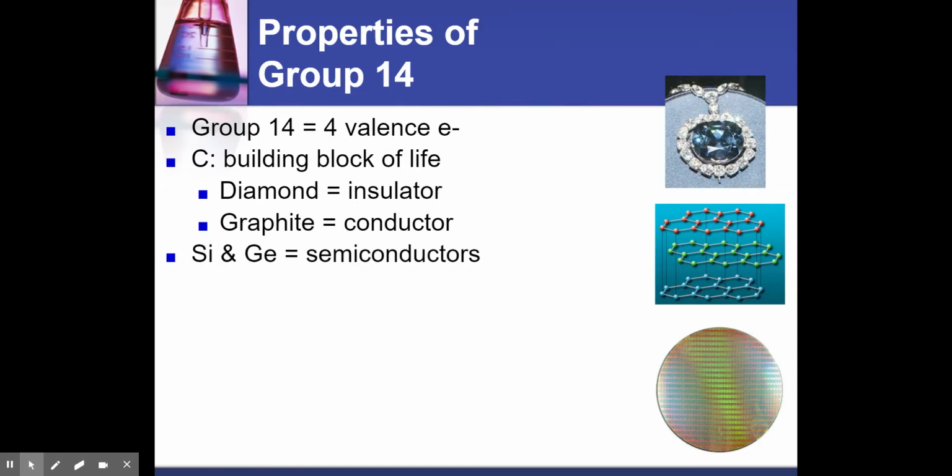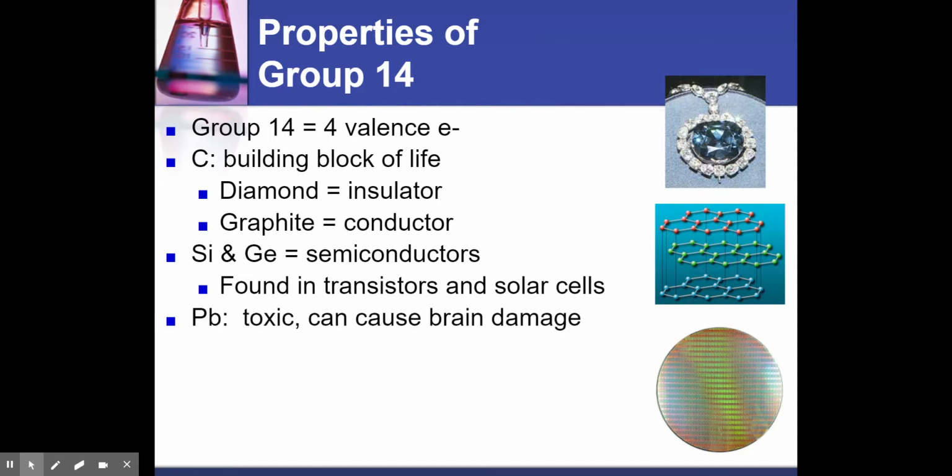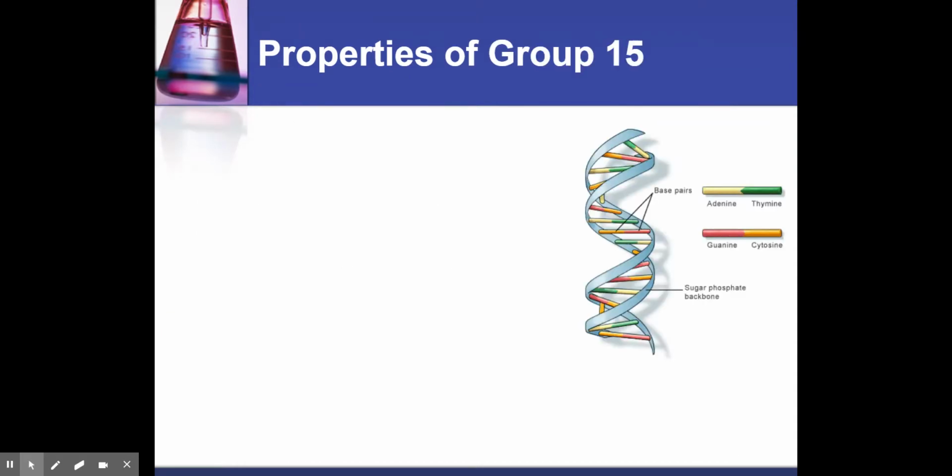Silicon and germanium then are semiconductors and used in computer chips, found in transistors and solar cells. And then lead is toxic and causes brain damage. So again, we get huge differences as we go down our group here when we get over to the right side of the periodic table.